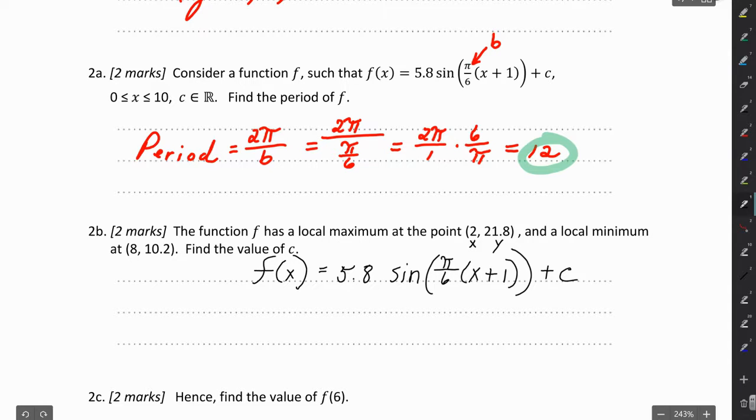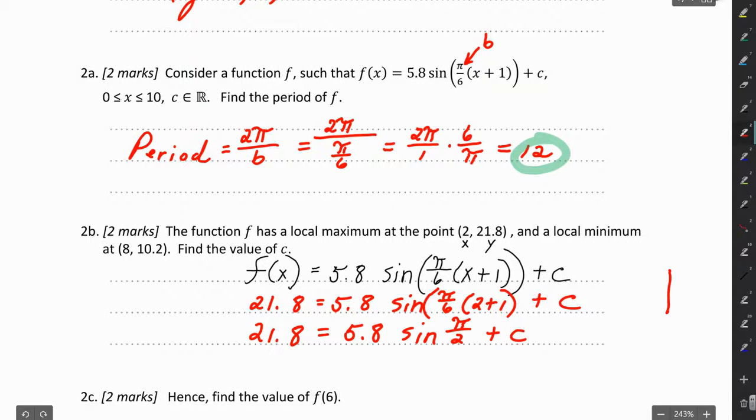f of x would be the y part of the coordinate, so I have 21.8 equals 5.8 times the sine of pi divided by 6, and we're going to input into the x part the 2, so 2 plus 1 here, plus c.